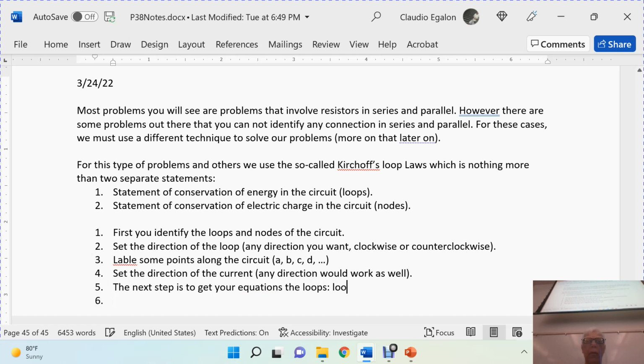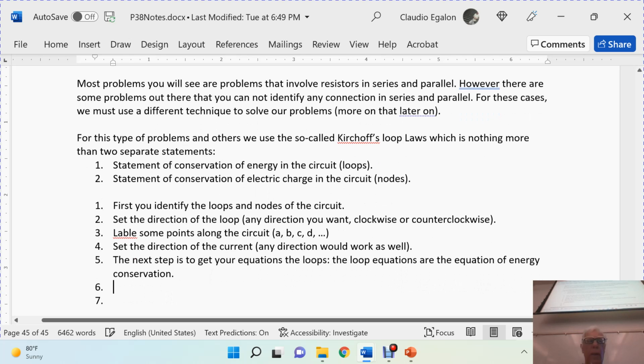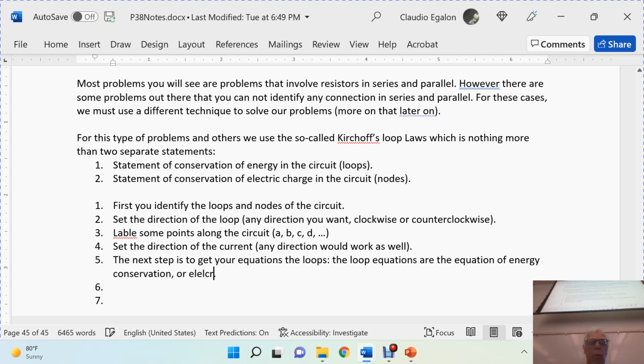The loop equations are for energy conservation, or electric potential.